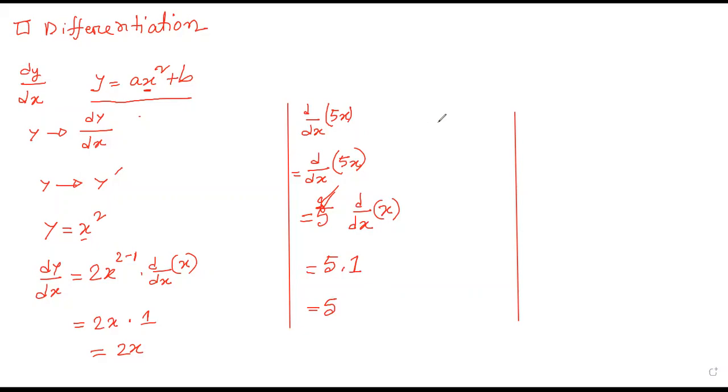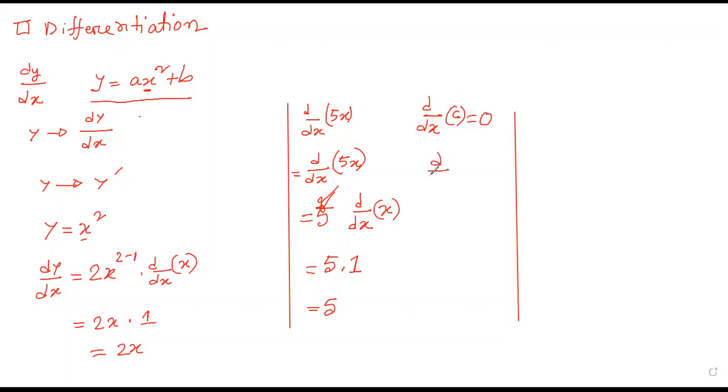Then we can write d by dx of 2. If we differentiate a constant, d by dx of a constant will always be 0.